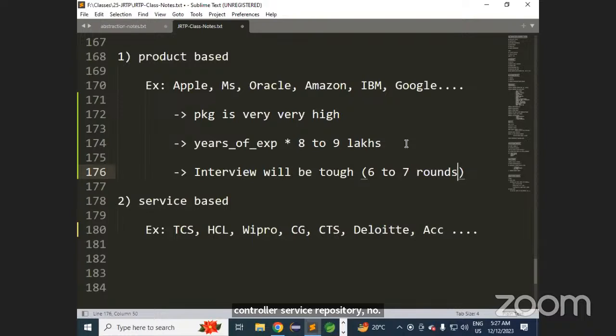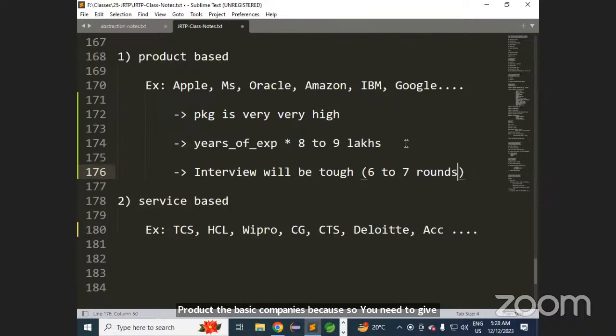Such kind of questions will be there in product-based companies. They will take highly talented people only. That is the reason they are paying high salaries in the market. You need to give ideas to develop new projects which are not there in the market.